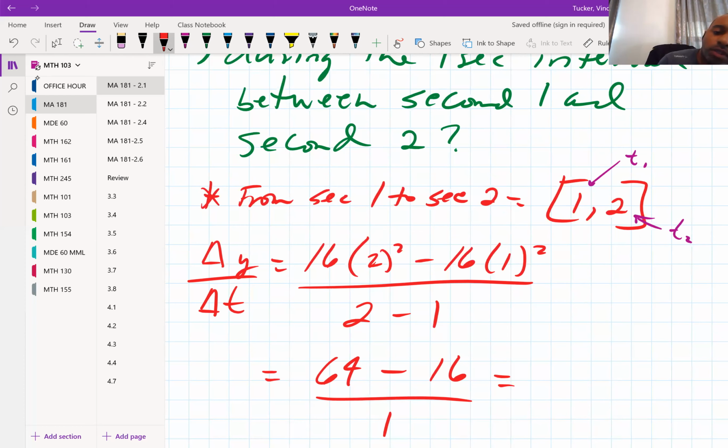This should be 48, and this is feet per second. And so that was just an application of how your average rate of change will work for us.